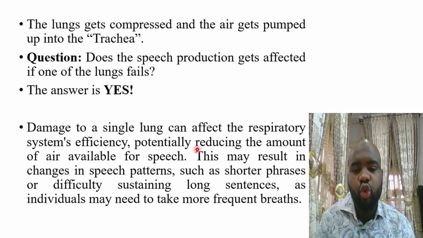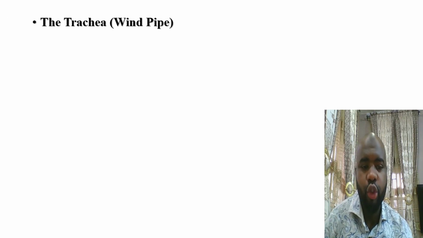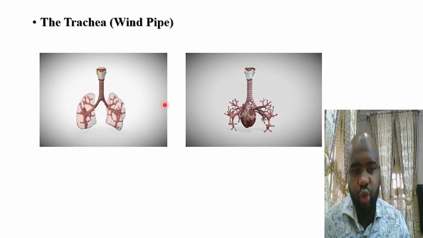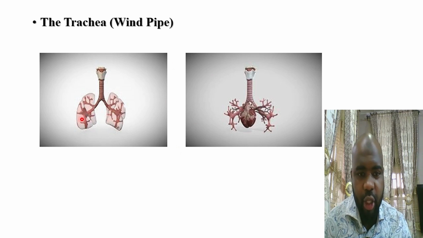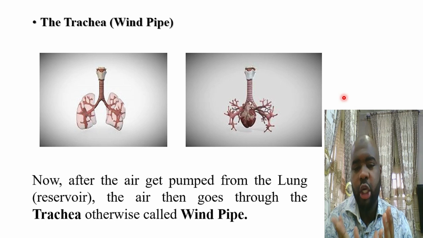Now let's move on to the trachea and see how it works. So now the trachea, which is the what? Windpipe. We saw the windpipe in the previous diagram. So these are the lungs and then the windpipe. This is it without the lungs beside, just the heart and the trachea. Now, what does the trachea do?